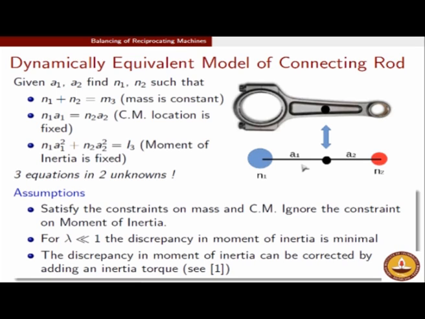If they have to bear the same length, then A1 and A2 will also get fixed, because the center of mass is also the same. So this is A1 and this is A2.